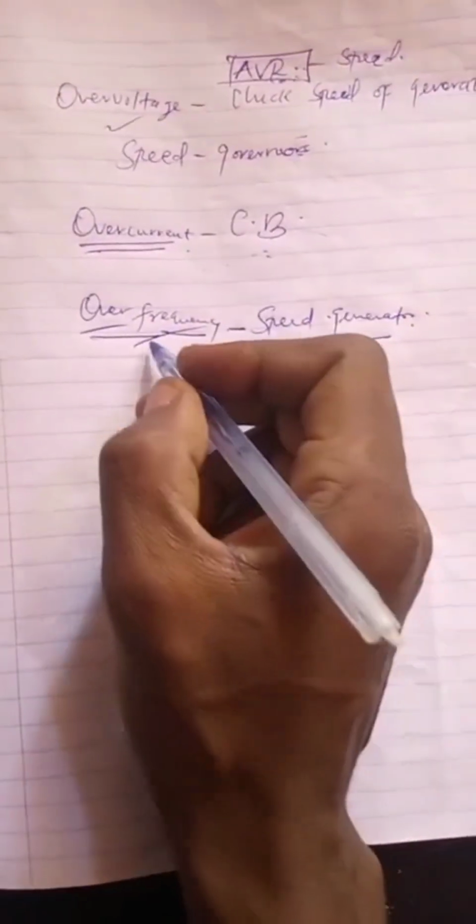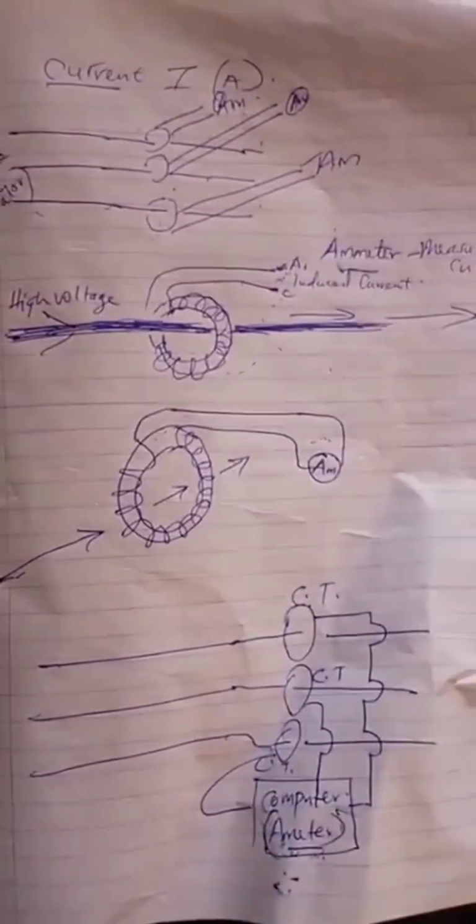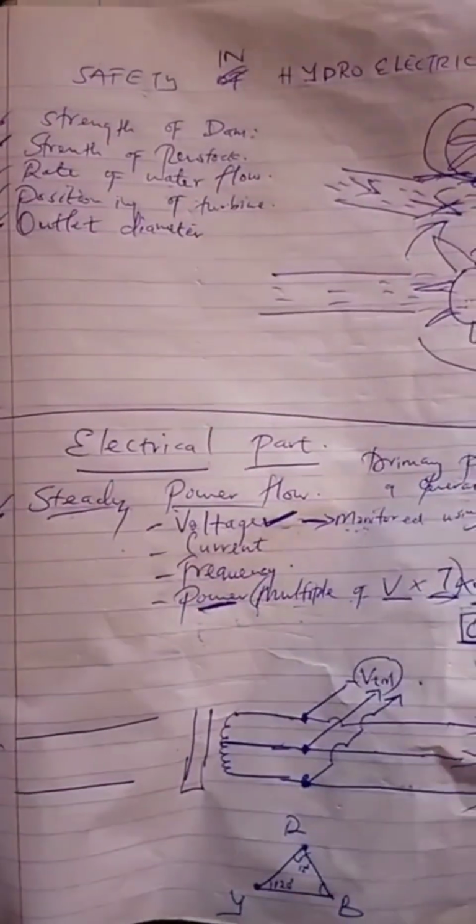In case of speeding, that is when you have over frequency or high frequency, we should use speed governors or monitors for standardizing the frequency. Nowadays there are inbuilt frequency monitors that are able to generate the command on their own.